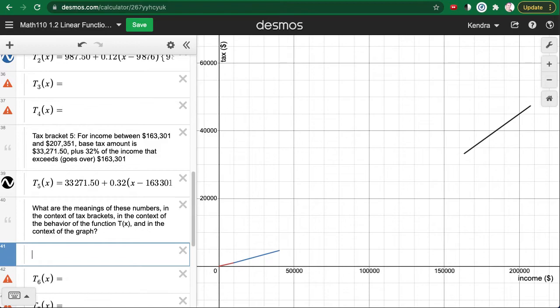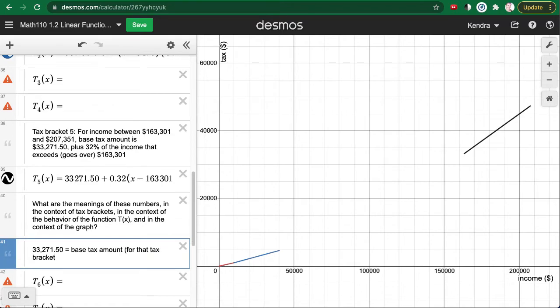So let's look at that first number, 33,271.50. I'm going to put a comma in there because I'm just writing text here. So what is this in terms of the tax brackets? This is the base tax amount for that specific tax bracket.